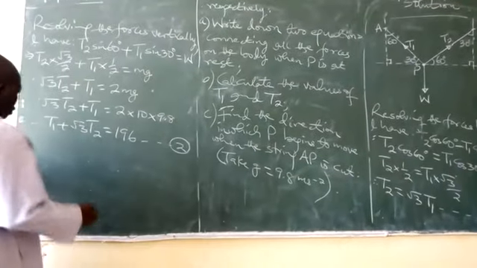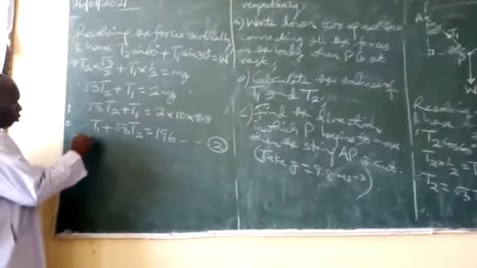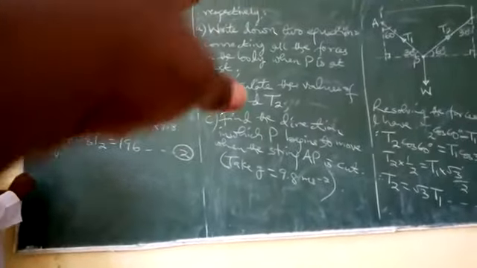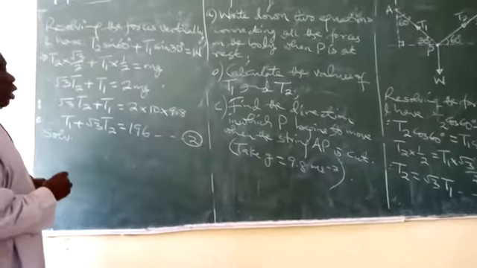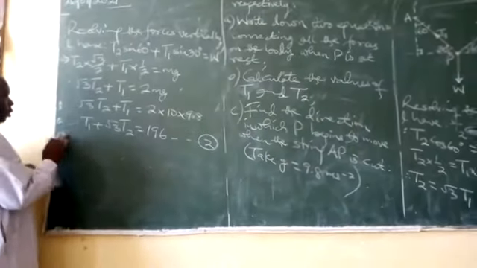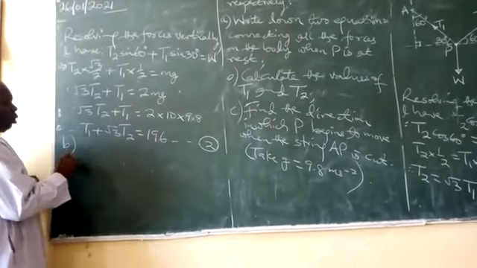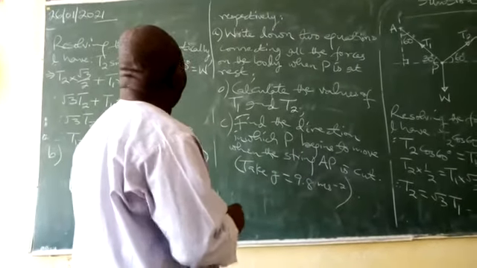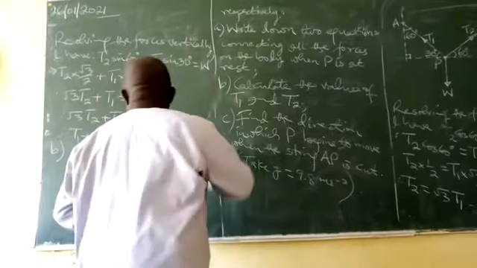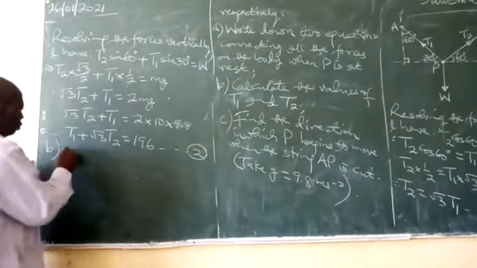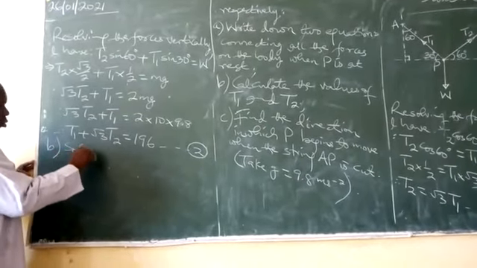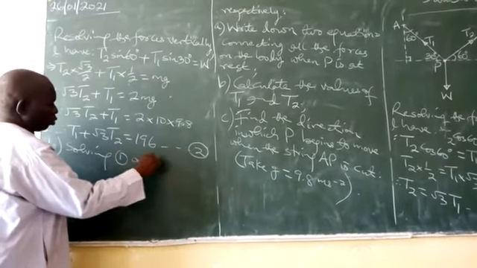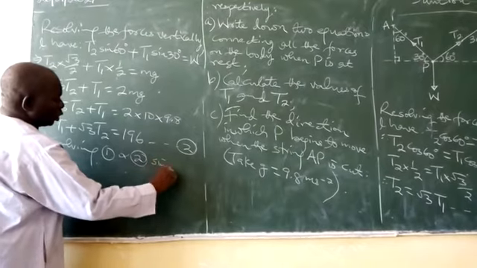For part B of the question, we have to calculate the values of T1 and T2. So part B, solving equations 1 and 2 simultaneously.